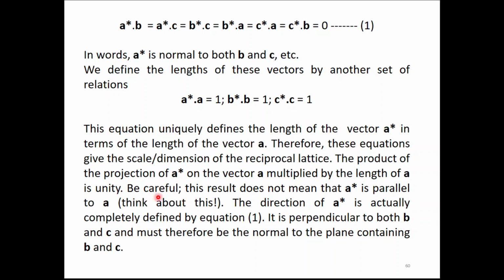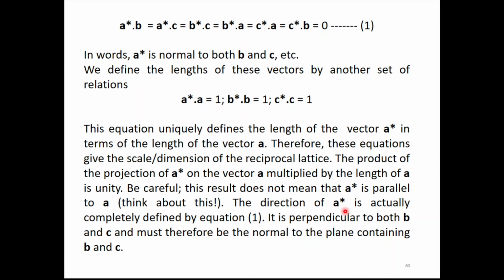As I told you, this result doesn't mean in any way that a* is parallel to a. They don't make a 0-degree angle with each other, right? This dot product is arranged such that we can get a unity.